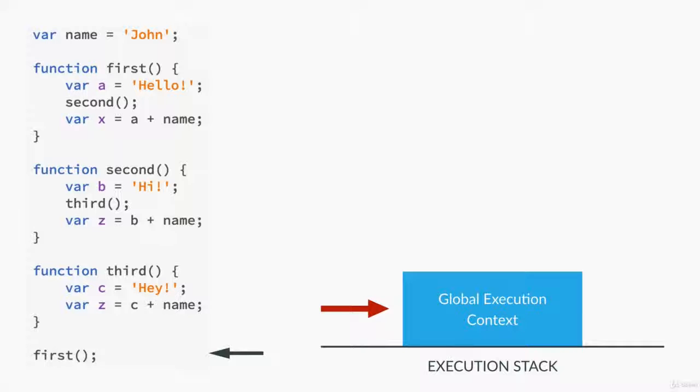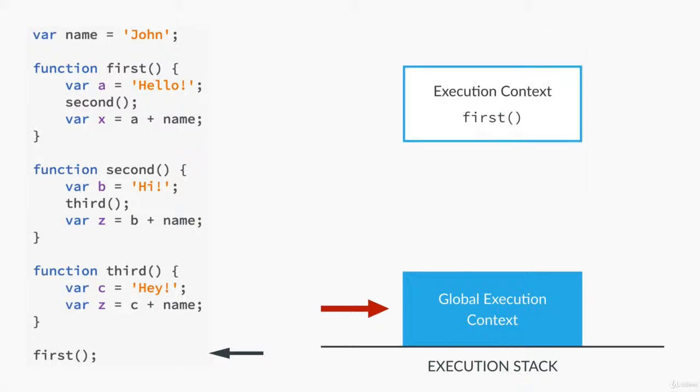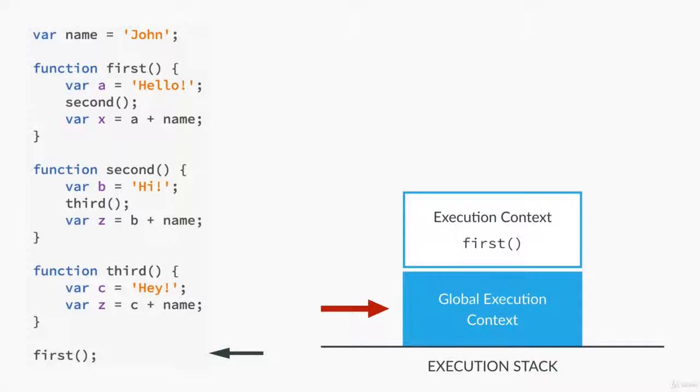And as I mentioned before, a new function gets its new execution context. And what happens is that this new context is put on top of the current context, forming the so-called execution stack. So for the duration of this first function call, the execution context for that function becomes the active context in which the code is executed.